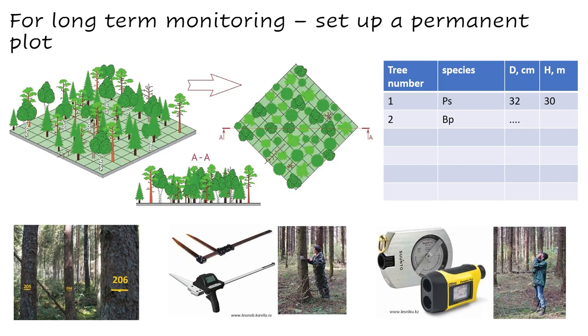And then you already have to number every tree, put this in the register, map the crowns, map the tree positions, and make a lot of difficult procedures, which I did a lot in my life, working 10 years for the forest nature reserve. But this is only for long-term permanent monitoring. And in peatlands, you will not have many such plots.